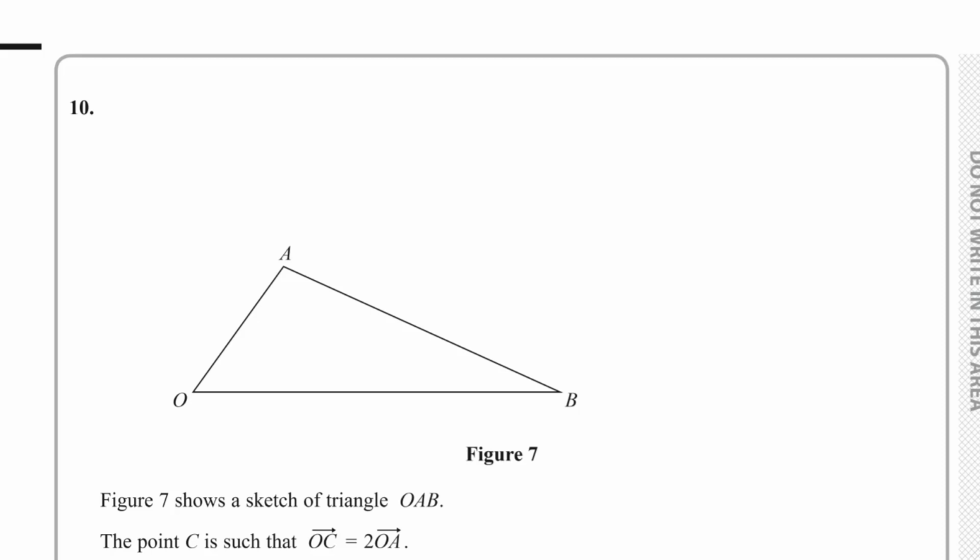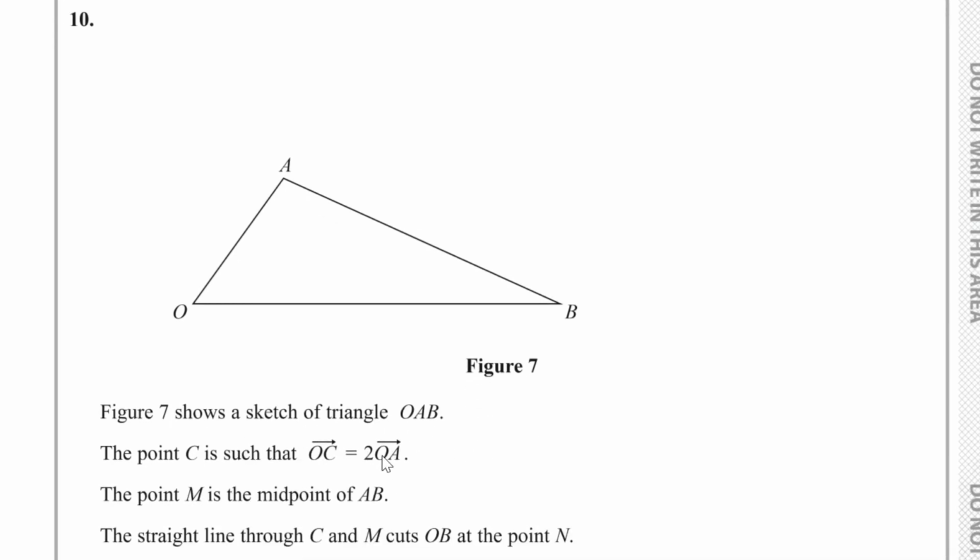Question number 10. Figure 7 shows a sketch of the triangle AOB. The point C is such that OC is equal to 2OA. So let's add that in. We've got OA over here, so twice that. The point C will lie over here somewhere. So let's join those up.